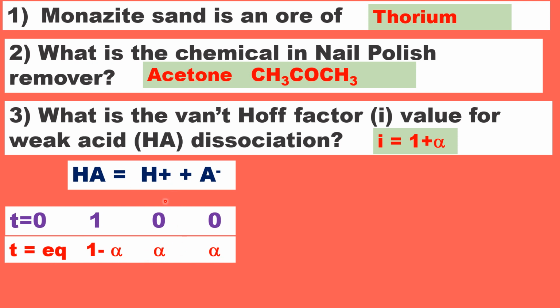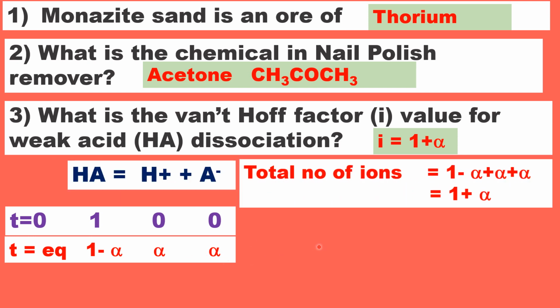Alpha is the concentration of H plus at equilibrium. Alpha is the concentration of A minus at equilibrium. Now, total number of ions. How many ions are present? Total number of ions is equal to 1 minus alpha plus alpha plus alpha, that is 1 plus alpha.